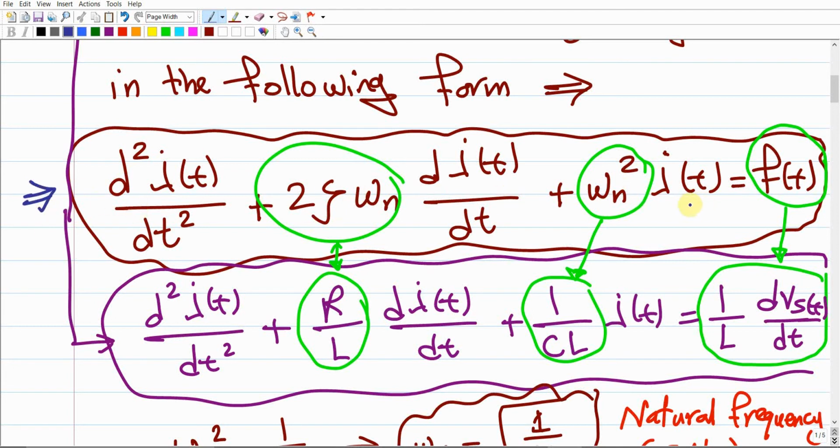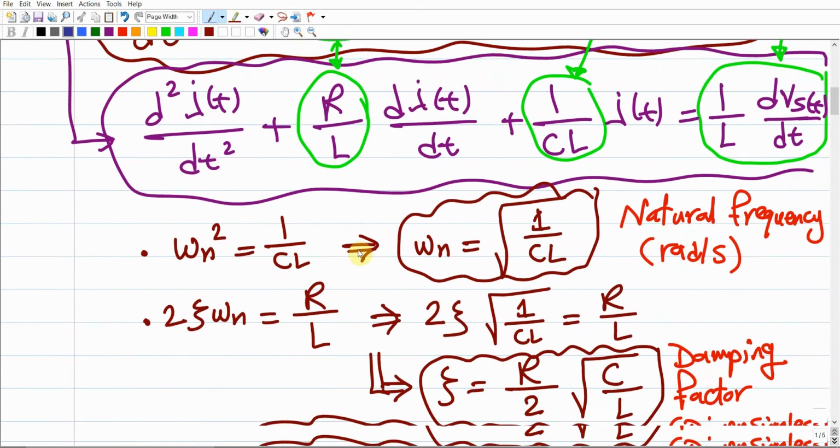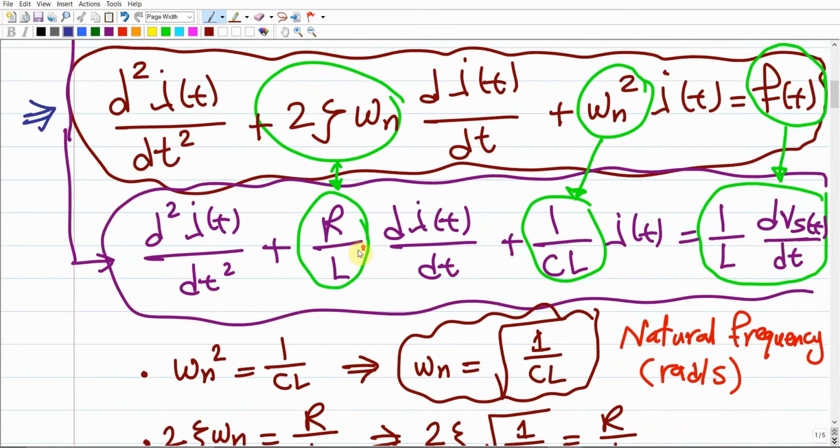I won't go deeply through the mathematics of solving a second order ODE, but I'm just going to give you a general outline of how we can find the general solution of a second order ODE depending on omega n and xi, the general parameters used for describing a second order ODE or a second order system, whatever this system is, an electrical system like these electrical elements, or mechanical or any other system. Make sense?